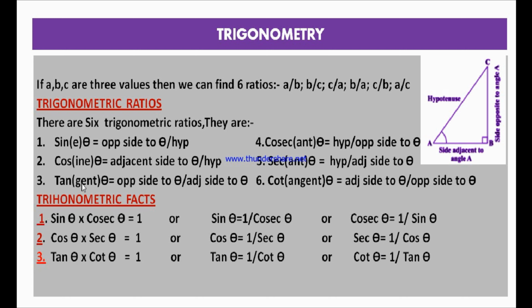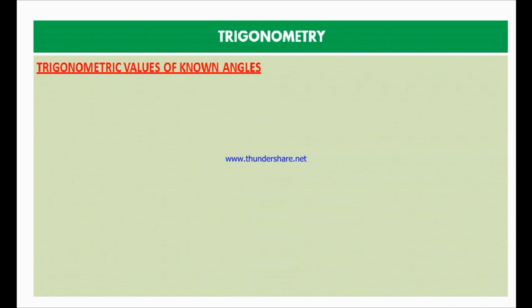If we multiply both, means tan theta into cot theta, you will get 1. From this equality, tan theta is equal to 1 by cot theta, or cot theta is equal to 1 by tan theta. These are trigonometrical ratios. We have 6 trigonometrical ratios.